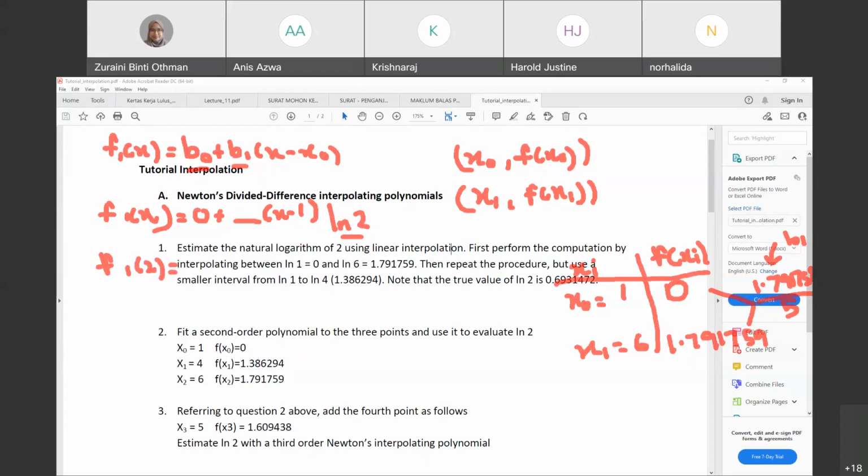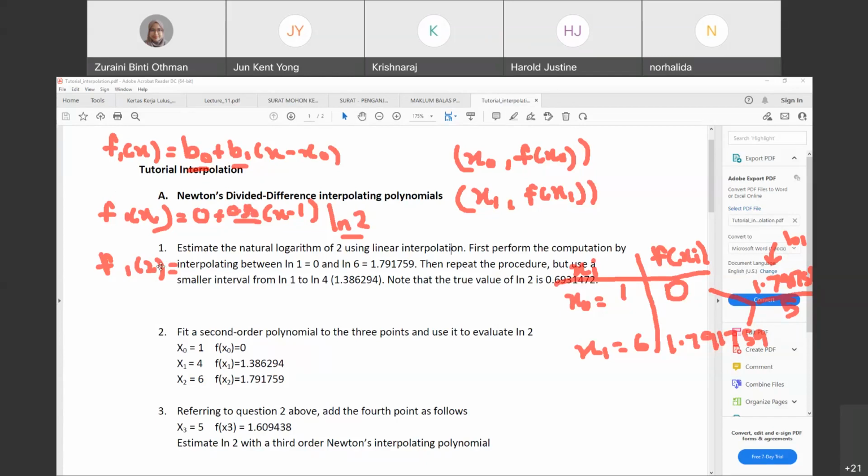Tekan calculator ni sama juga dengan berapa? 0.358.